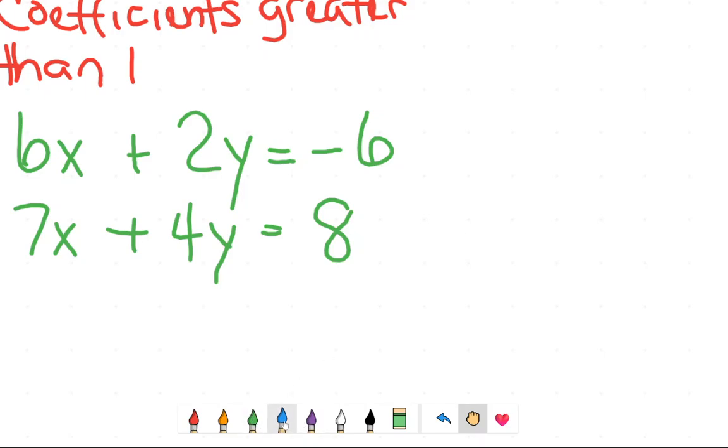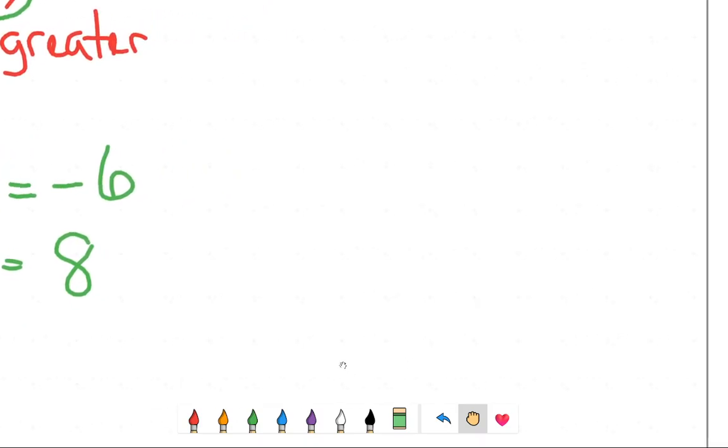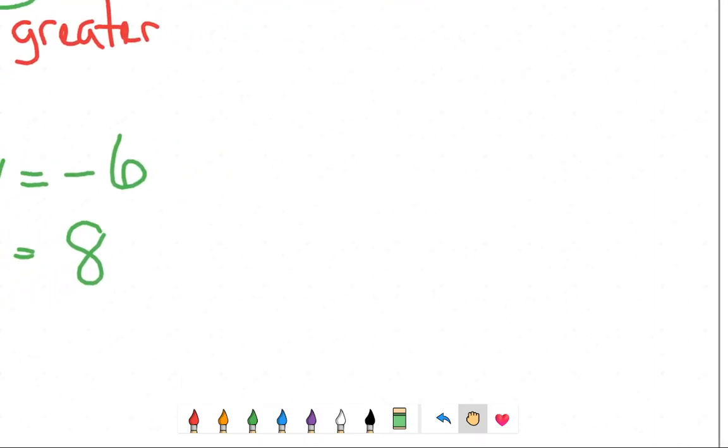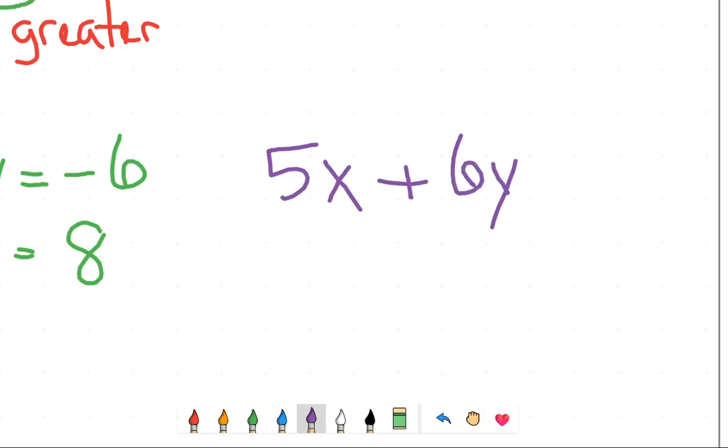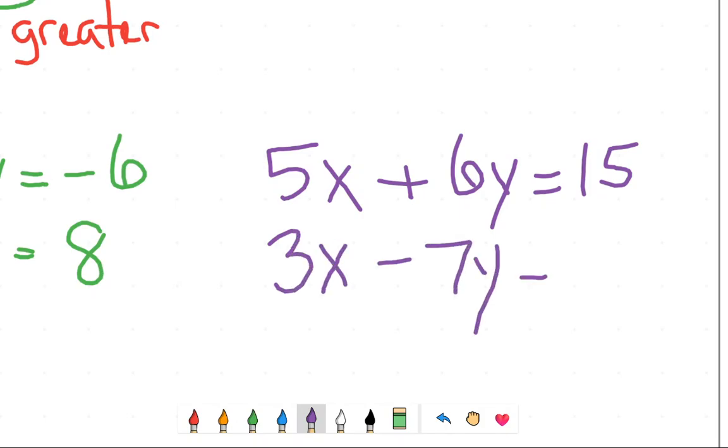If we want to put another one up here, just for an example, we can say 5x plus 6y is equal to 15, and 3x minus 7y is equal to 12.